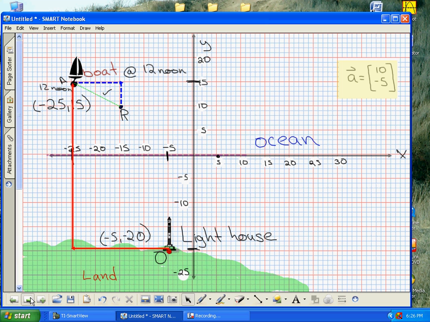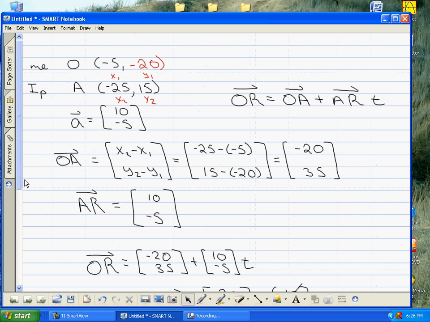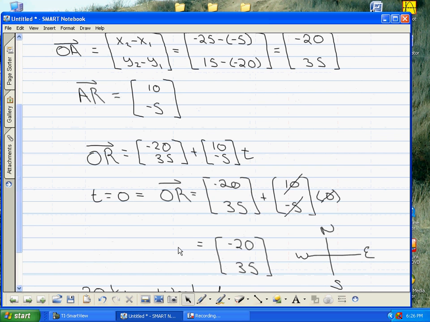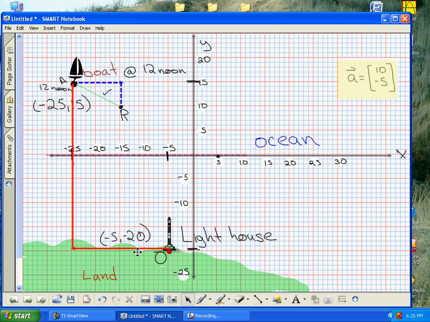Now, if you look over here, we're saying that we are negative 20 kilometers west, 35 kilometers north. Now, if you look at this right here, this vector is actually, let's see, 5, 10, 15, 20. So you see it's 25 kilometers west of me and 5, 10, 15, 20, 25, 30, 35 kilometers north of me. That is the position of the boat from me.